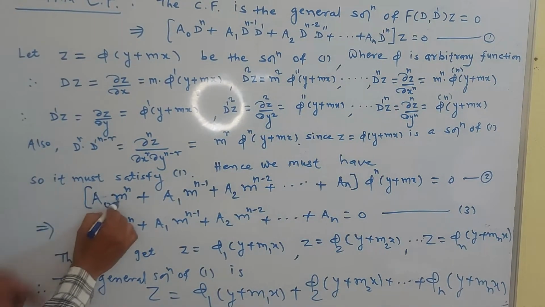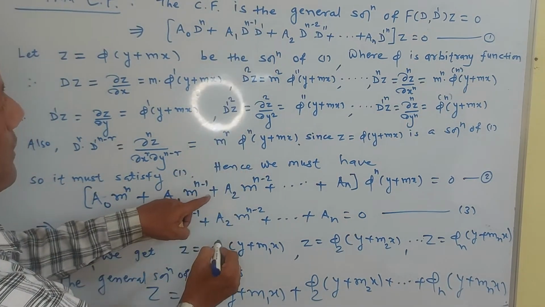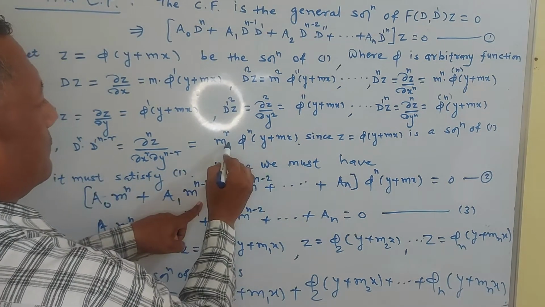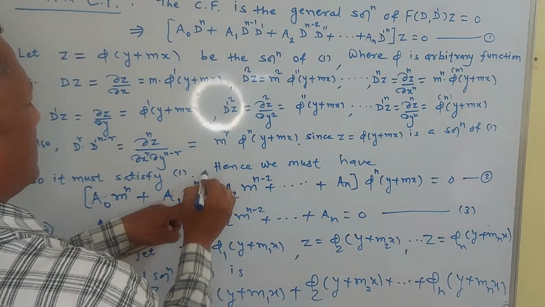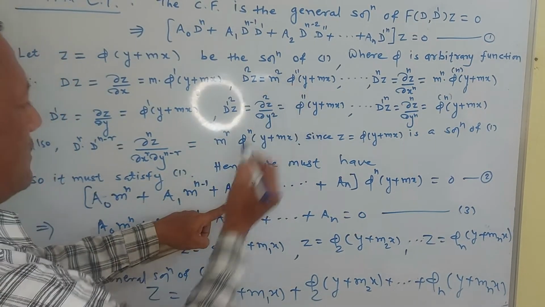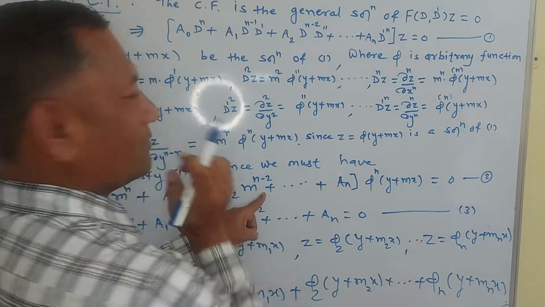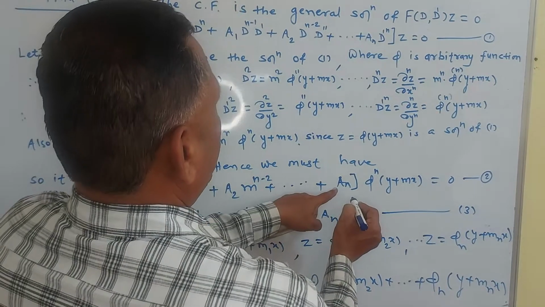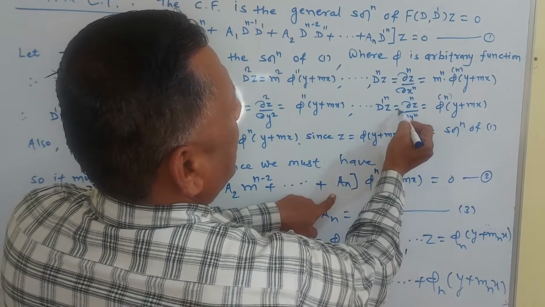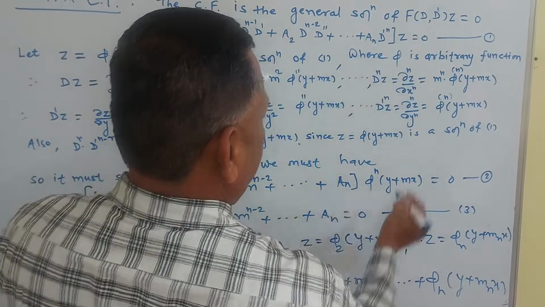So you get a0 m^n + a1 m^(n-1) into 1, using this, since D^(n-1) D' gives m^(n-1), plus a2 m^(n-2) into 1, plus up to an into D'^n. What is D'^n? The nth derivative with respect to y gives phi^(n)(y + mx), and it is common everywhere.